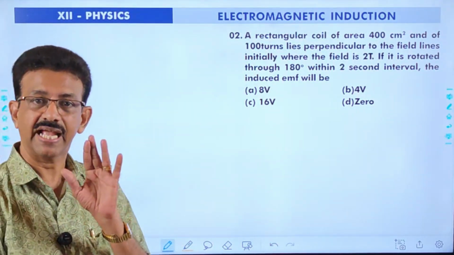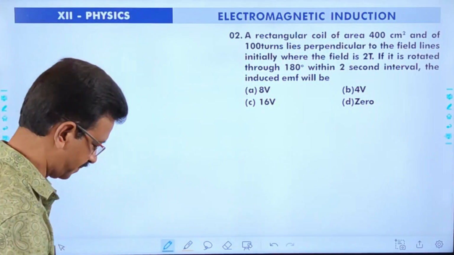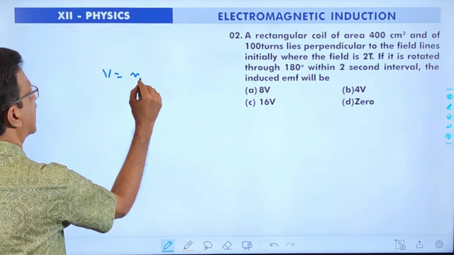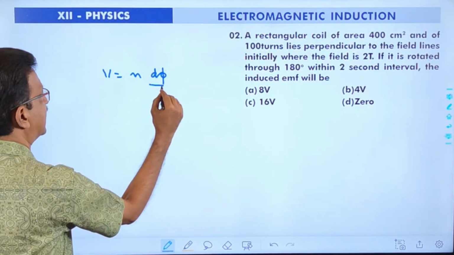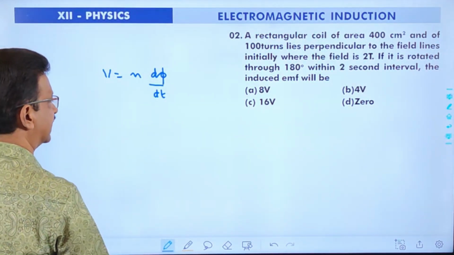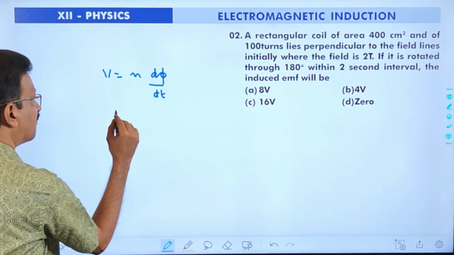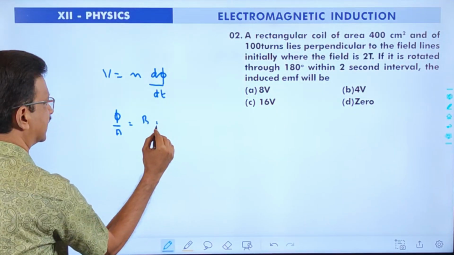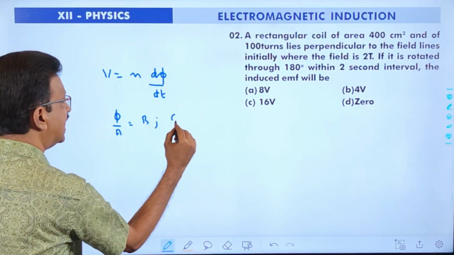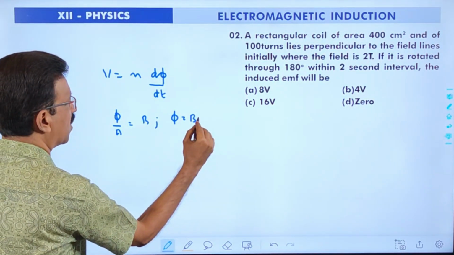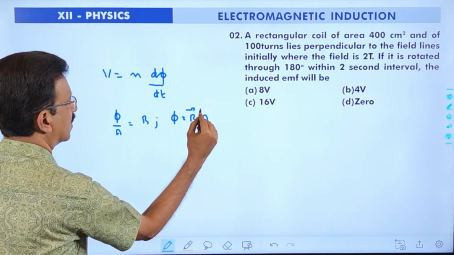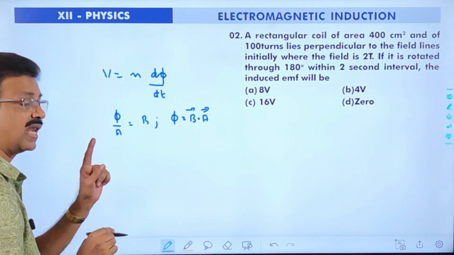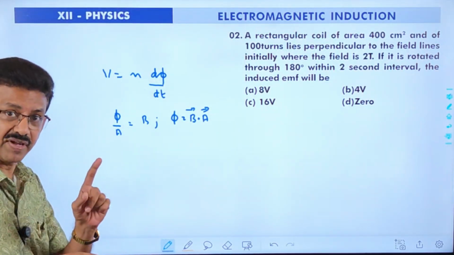Again, the expression for Faraday's law is V equals N d phi by dt. 100 turns. Now, flux per unit area gives the flux density. Therefore, phi equals B dot A or BA cos theta. Initially, the coil lies perpendicular to the field direction.